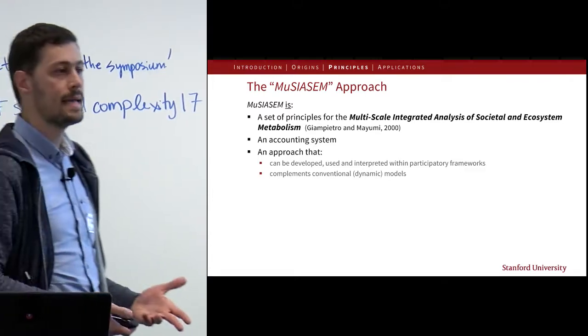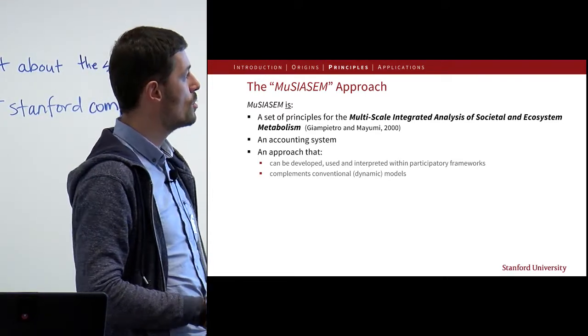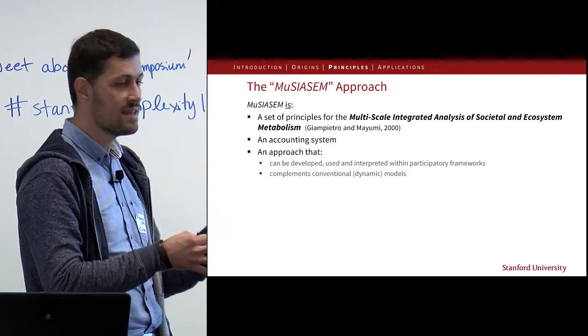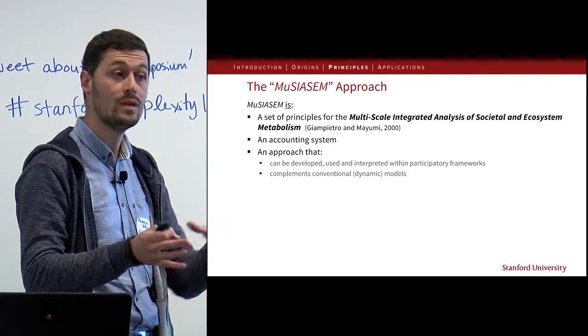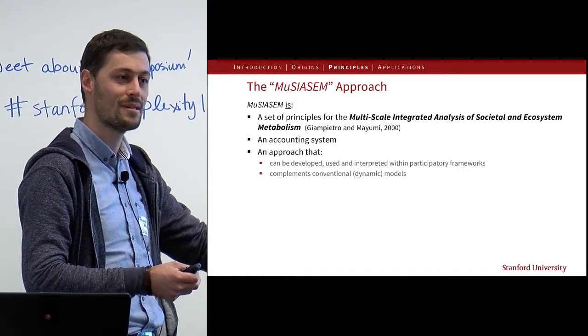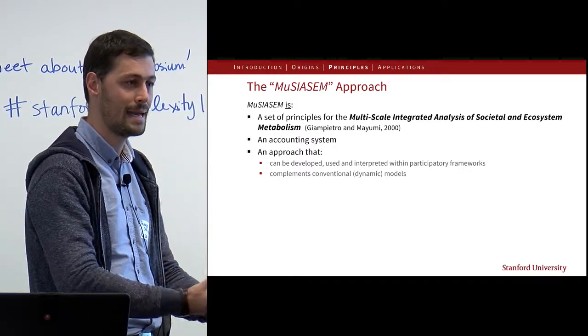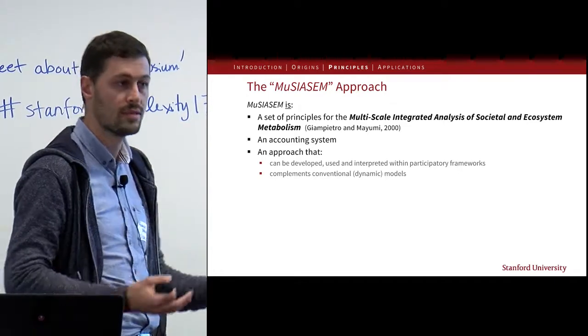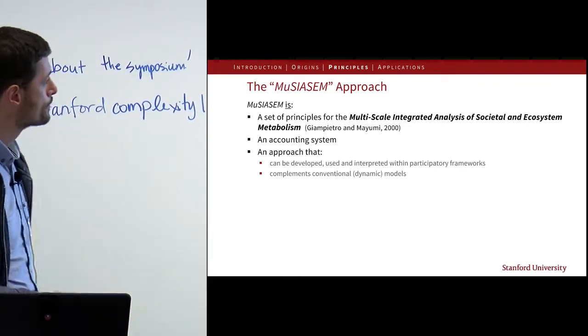It's an accounting system and an approach that can be used, and it has been used in some cases, not always, within participatory frameworks in which the grammar and the semantic categories are actually given by the community we are dealing with, or the stakeholders if we look at national level.